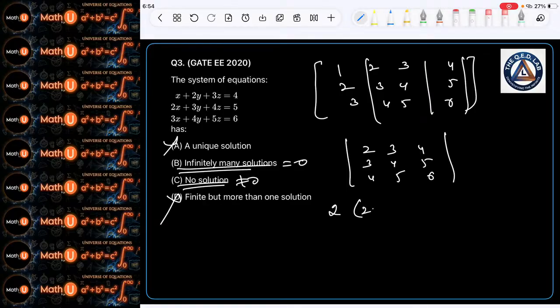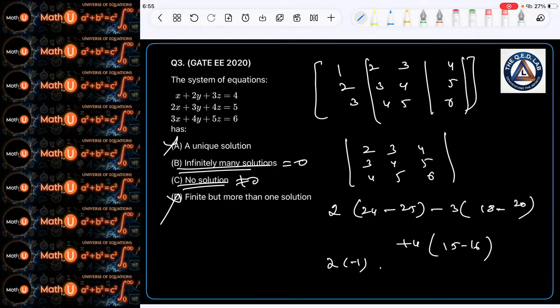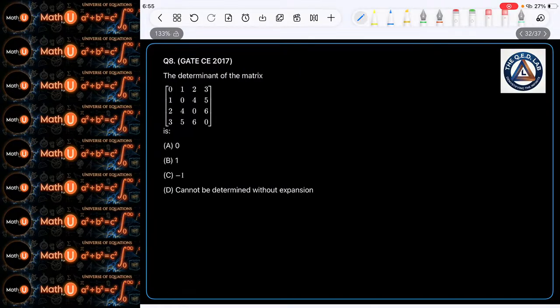Expanding this, we get 24 minus 25, minus 3 times 18 minus 20, plus 4 times 15 minus 16, which equals 0. It is equal to 0, which means it is infinitely many solutions.